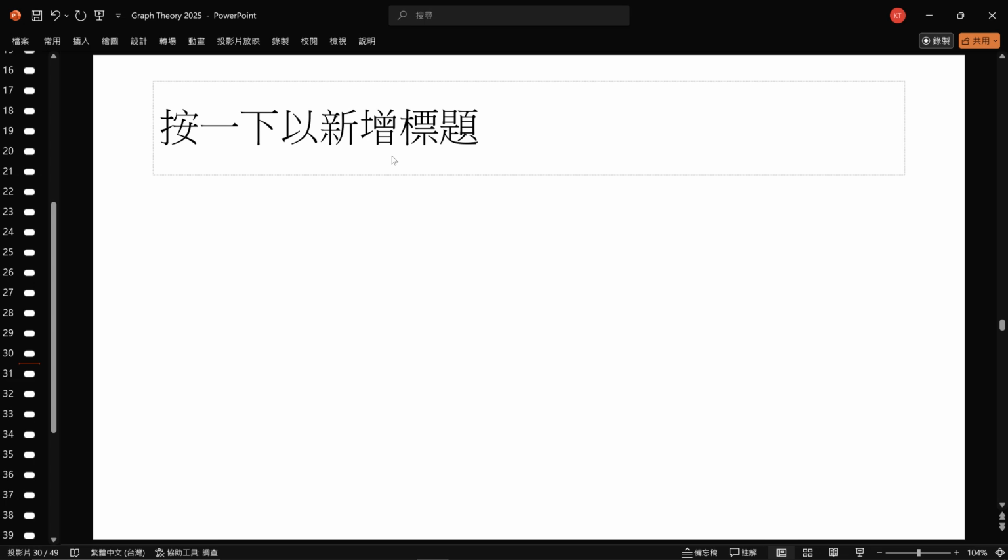Okay, so let me give you an example. Let's use this degree sequence as an example. So D will be 3, 3, 2, 2, 1, 1. And what is D prime? In our first round, we're going to choose the one that has the smallest degree, that is V6.